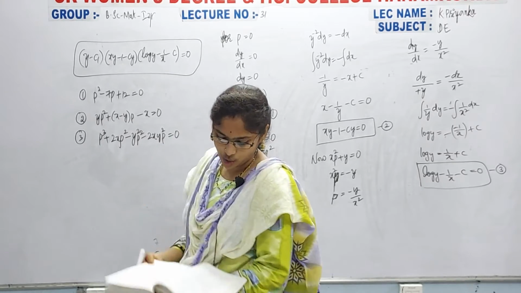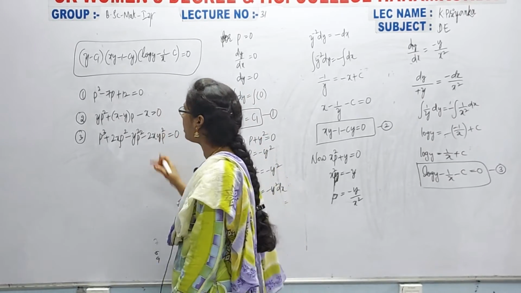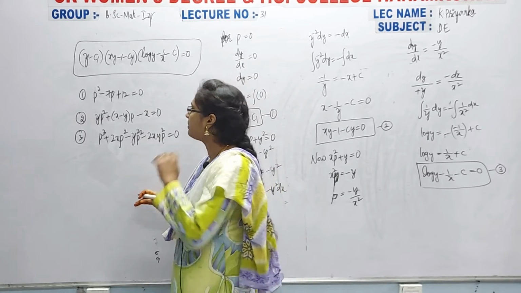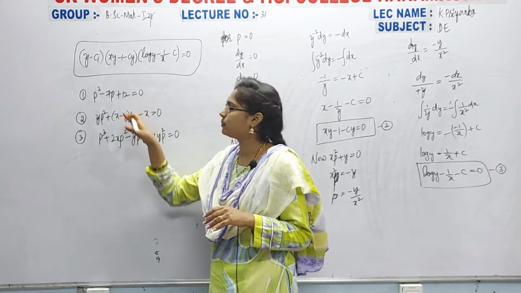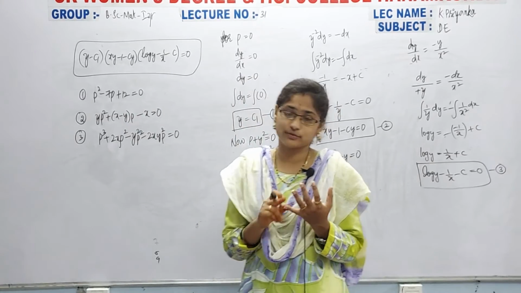Okay, so these are the homework problems for you. I will give the hint. For this one, p square minus 7p plus 12 factorization. So 12 factors, 4 and 3 are, and 4 plus 3 is 7. So by that you will get the values for p.